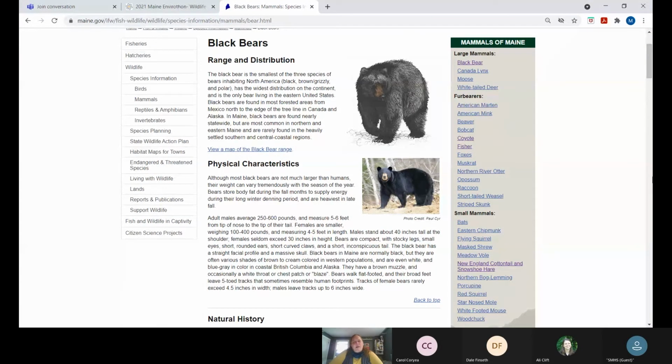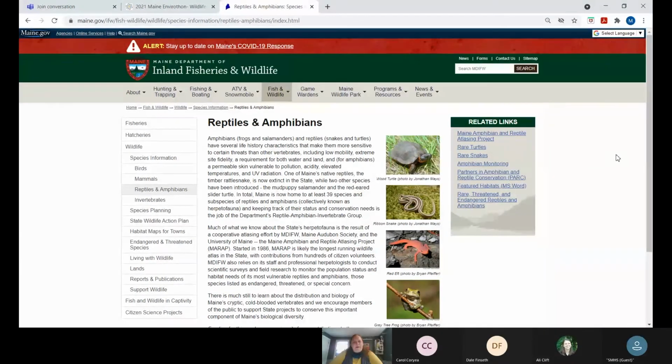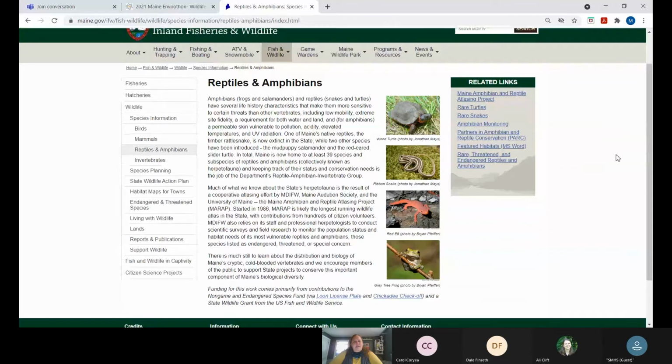And when we talk about wildlife, don't forget reptiles and amphibians are part of that. We talk about insects, we're talking about birds. So this subject area covers a very wide range of critters that are out there. So definitely be familiar with all of those.